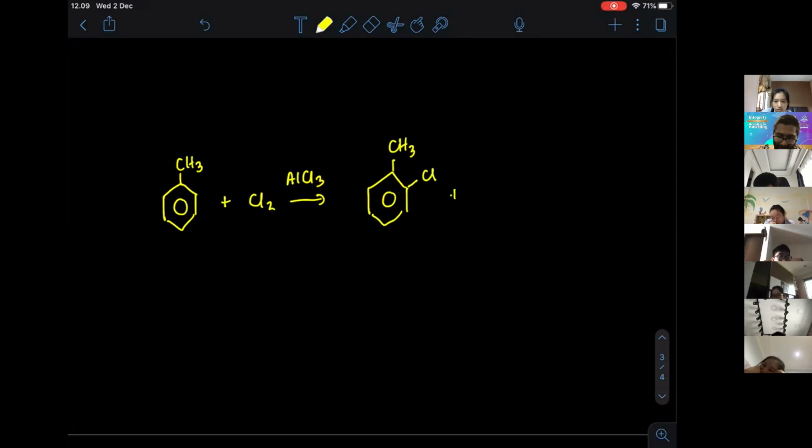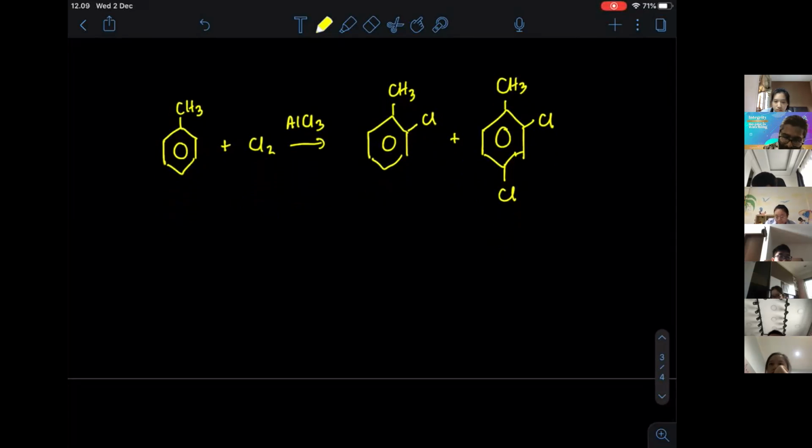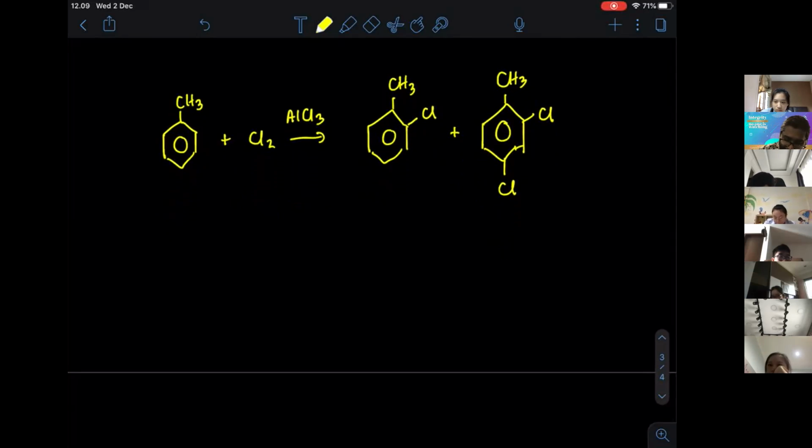Or I can have a situation where I have the CH3 over here, and then Cl over here, 2, 4 activating. I can have this. Or I can also have a situation where I have Cl here, Cl here, CH3 here.